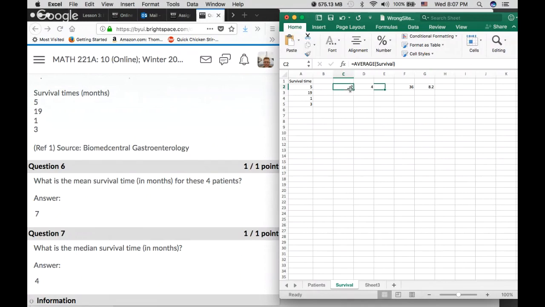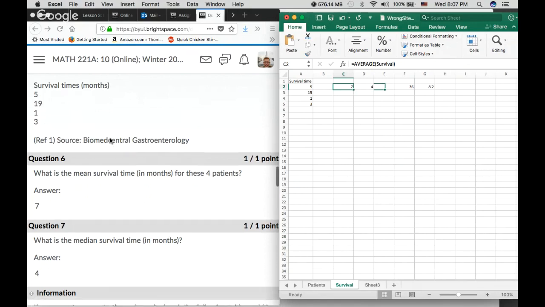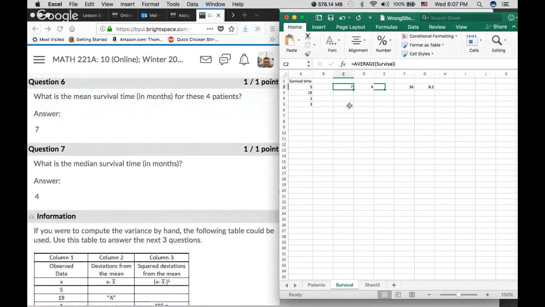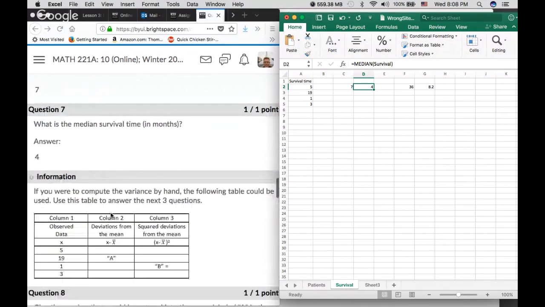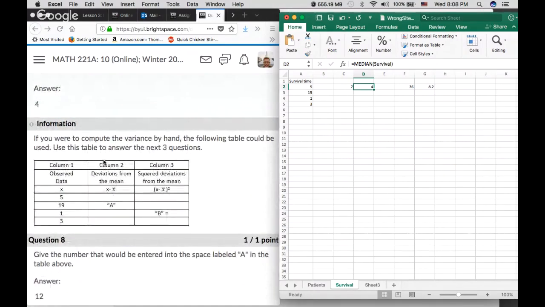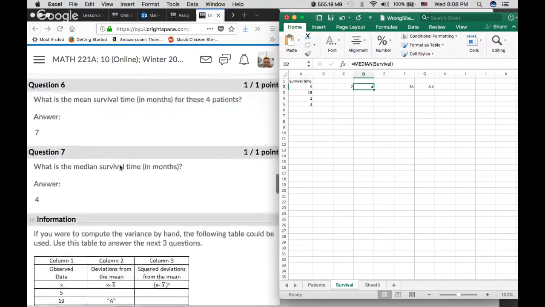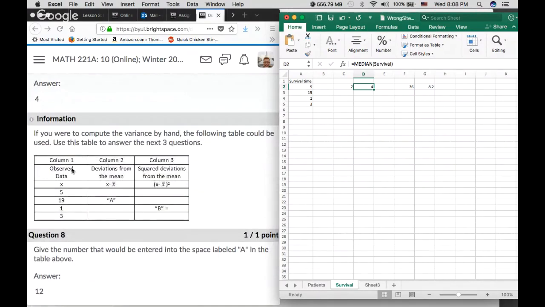The average was 7 months, which is from all 4 of these numbers. The median is just the very center: of the 4, 2 of them are below.